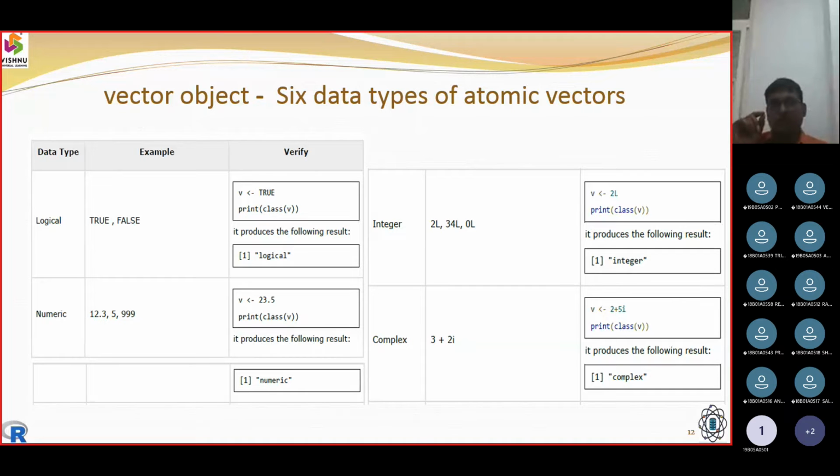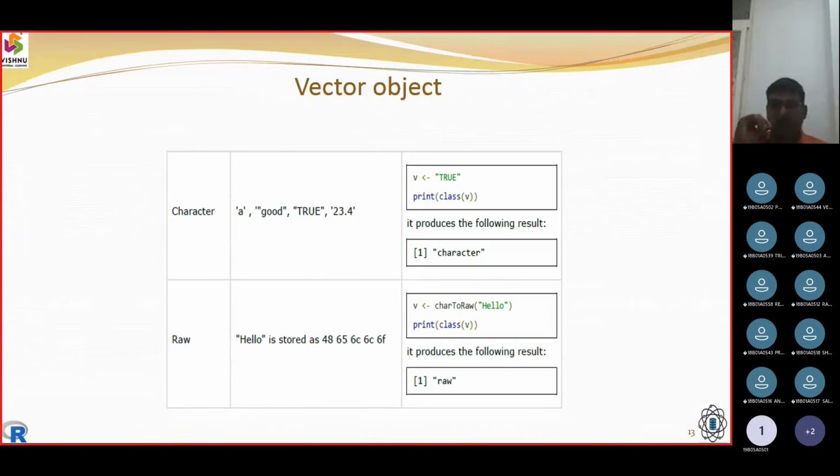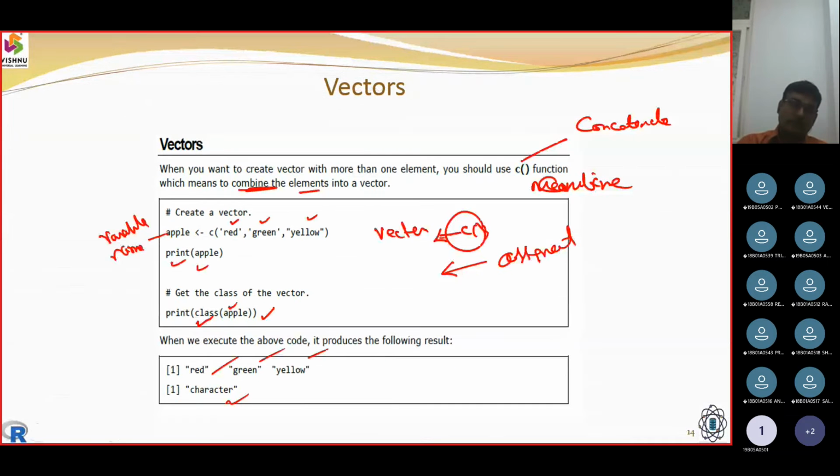But specifically, if I want an integer, then I use the integer data type. If we are working with quadratic polynomial roots, etc., then we call it complex data. Similarly, character contents are represented in single quotes or double quotes. And to represent items in the hexadecimal number system, we use the raw object.